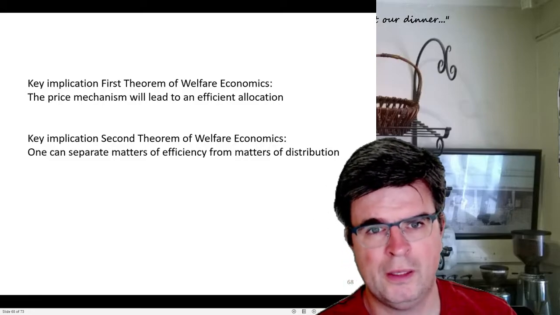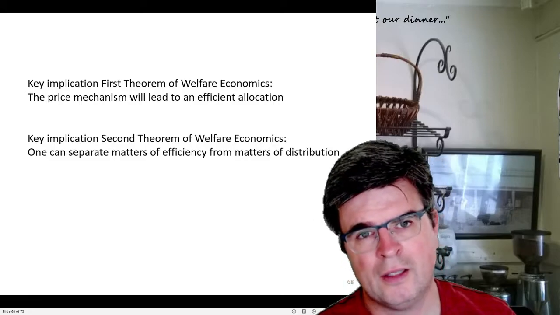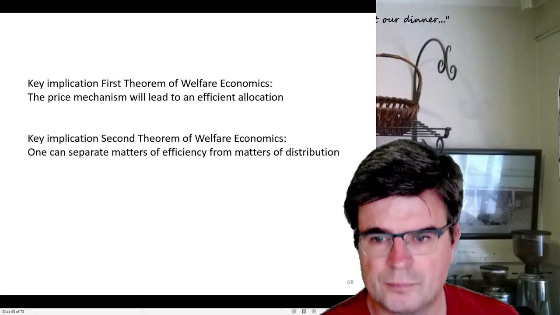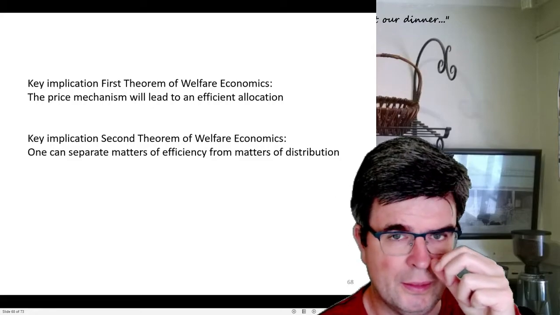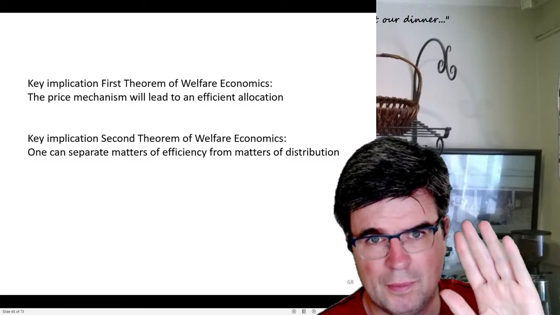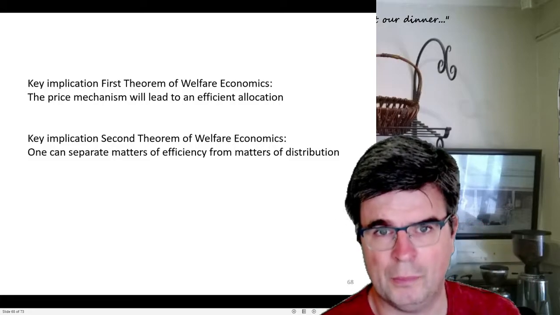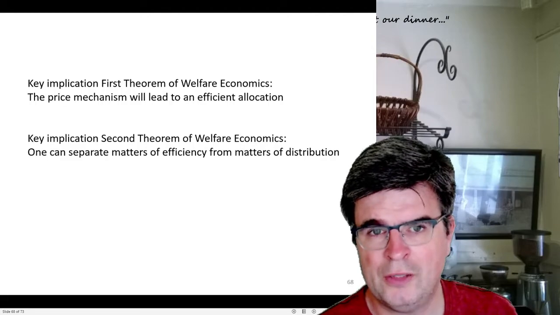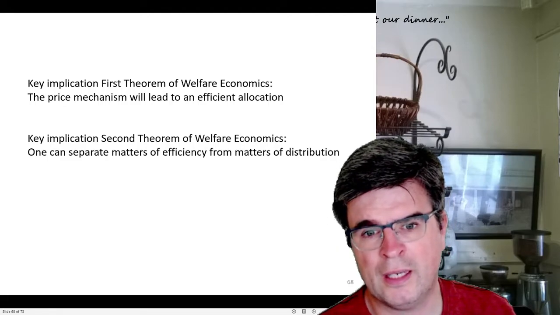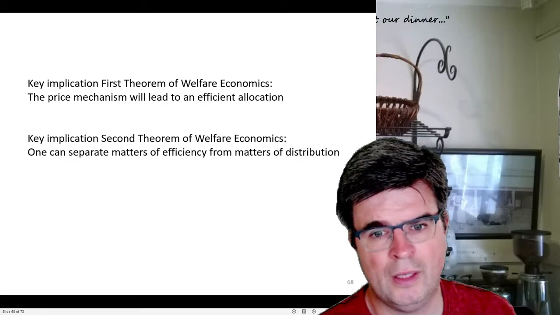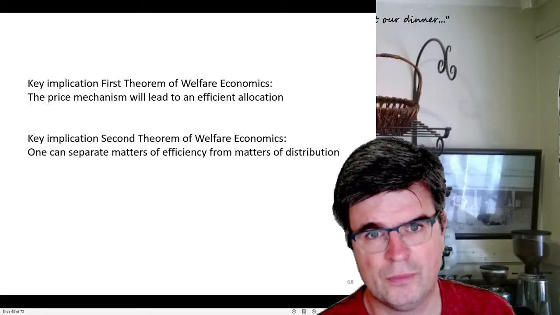And you want to be more or less egalitarian maybe there. So the government doesn't have to impose conditions on prices. If it wants to reach a certain efficient outcome, it can just do so by reallocating the initial allocation to different subjects.